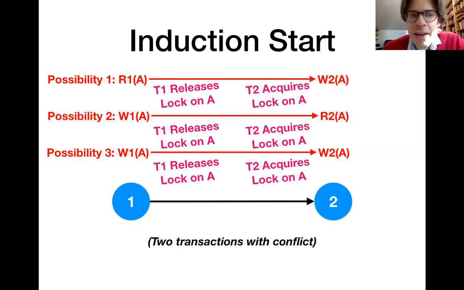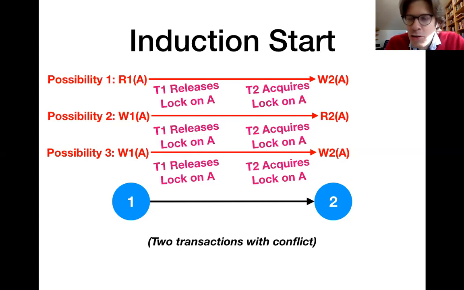So here, definitely, in order to enable possibility 1, some lock on object A needs to get released by transaction 1, and a lock on object A needs to be acquired by transaction 2. Now, the principle is similar for possibility 2, and also for possibility 3.